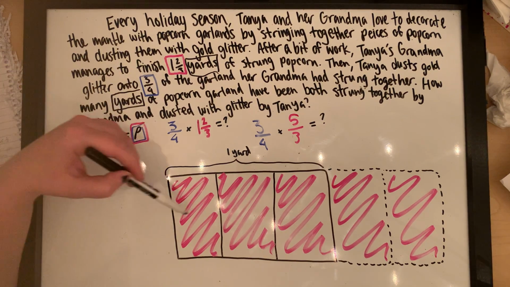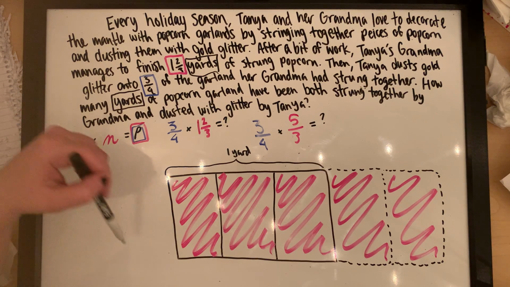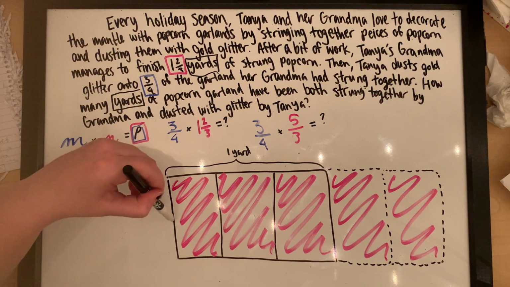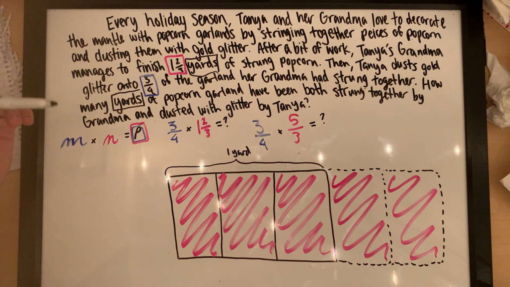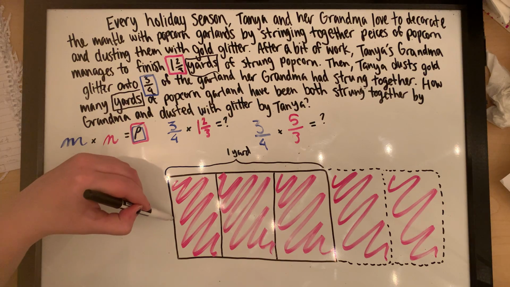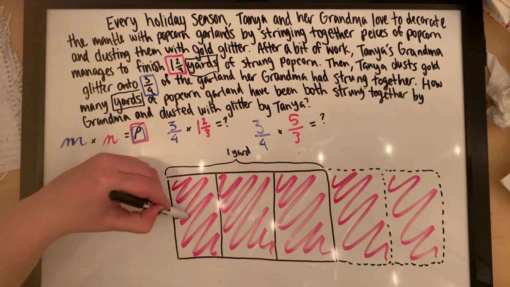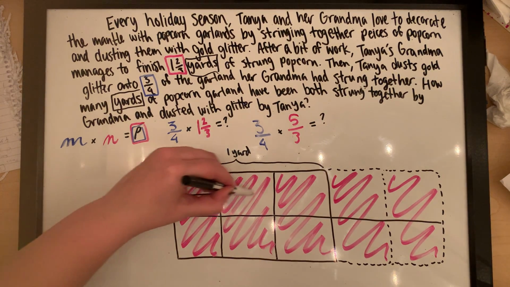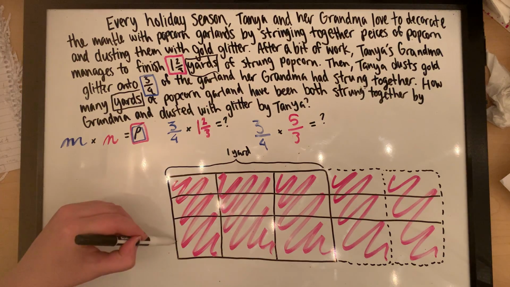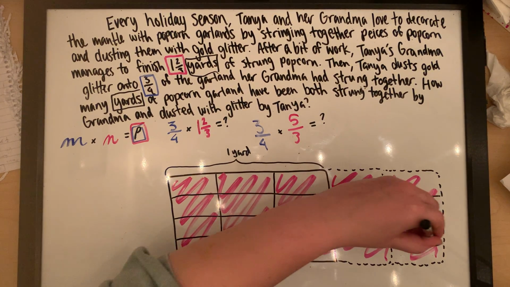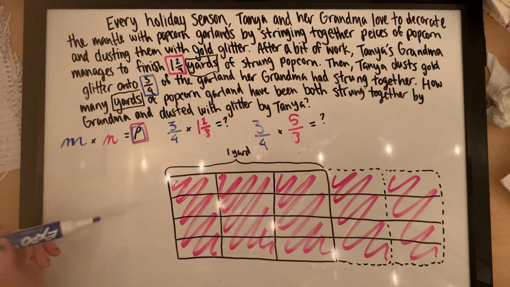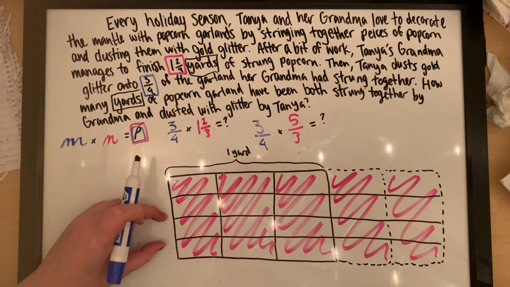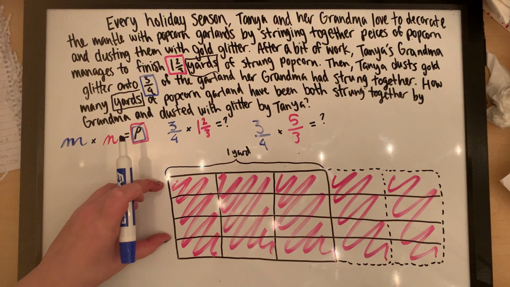So dividing the portions we just shaded into fourths, we can determine how much of the strung garland has been shaded. So 3/4. So we're going to shade this way 3 out of our 4 groups.